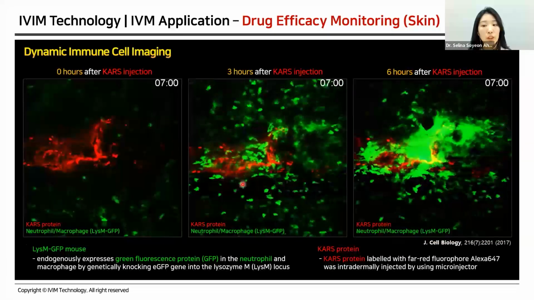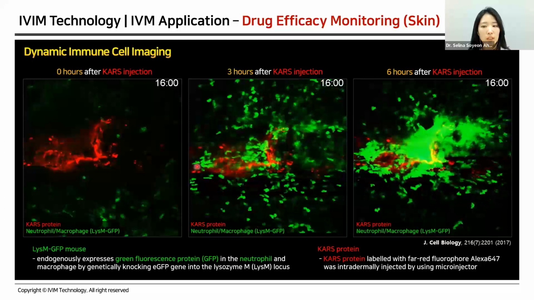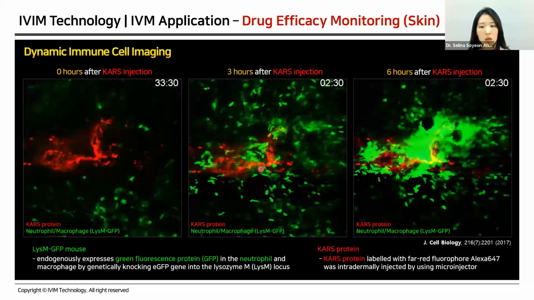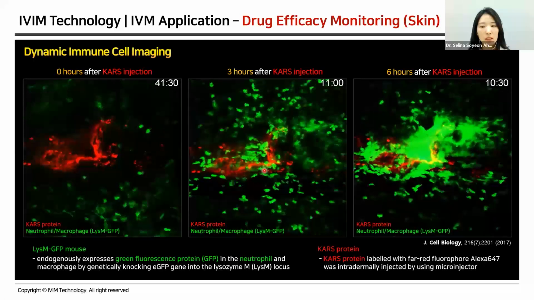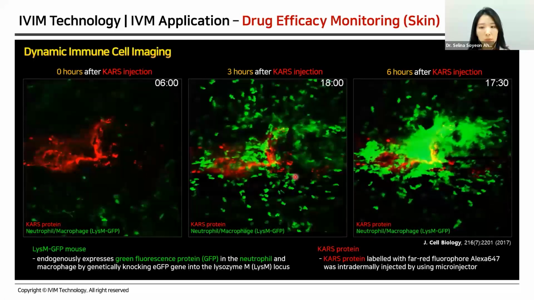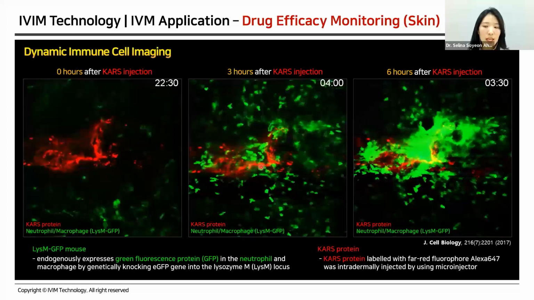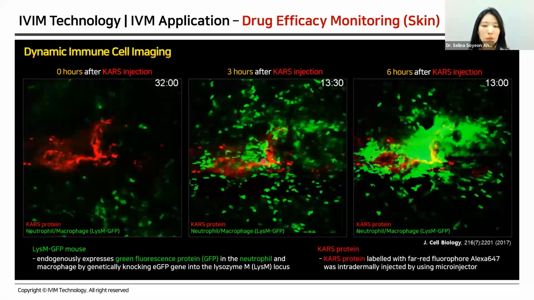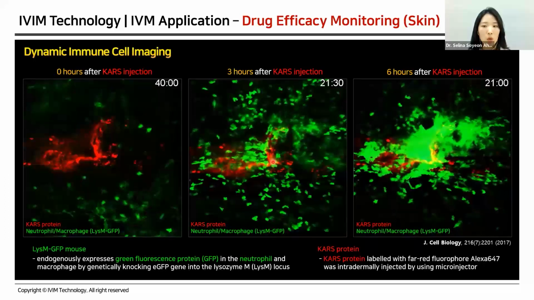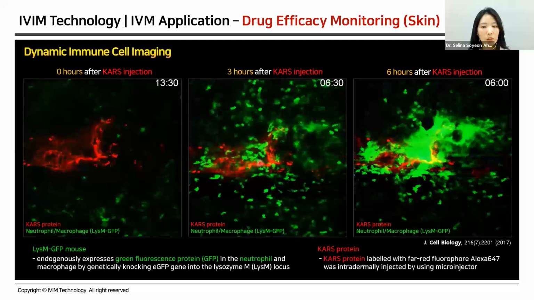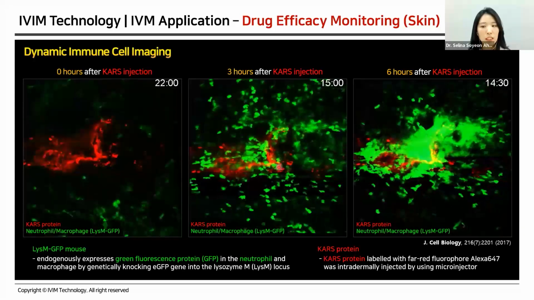And here's the research example of the drug efficacy of the KRS protein, one of the secreted amino acid tRNA synthetases. To investigate the details of how this enzyme can induce inflammatory responses in vivo, we monitored the immune cell dynamics after intradermal injection of the KRS protein to the ear skin tissue.